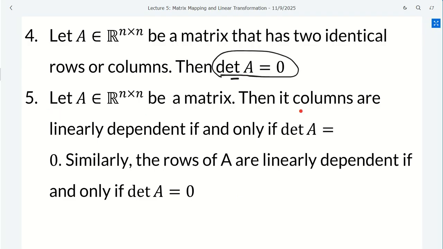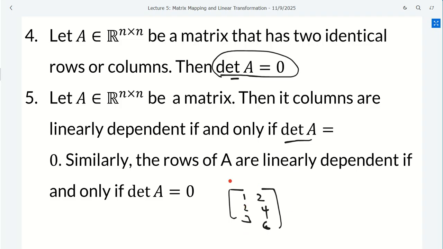Now, the columns are linearly dependent if and only if the determinant is equal to 0, and that is the explanation for this. You definitely have something like this: 1, 2, then let's say 2, 4, because the second column is expressed by multiplying the first column by 2.